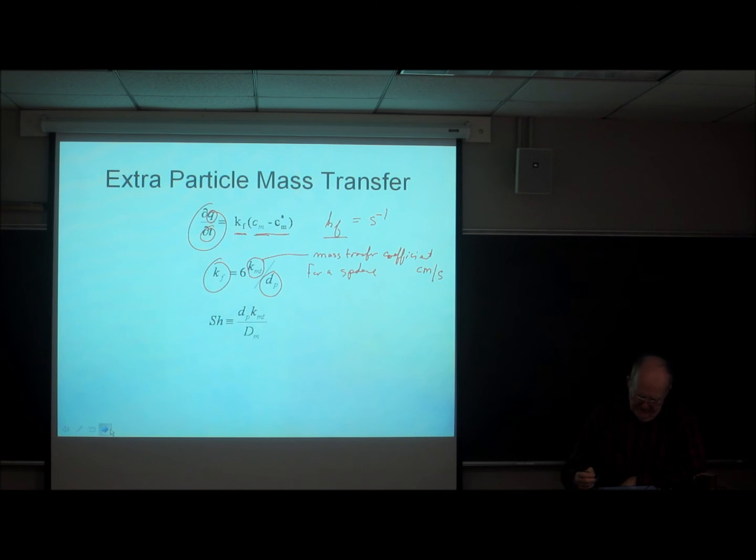Now the chemical engineering people don't actually work with the mass transfer coefficient directly. They work with another one of these dimensionless numbers. This is the so-called Sherwood number.